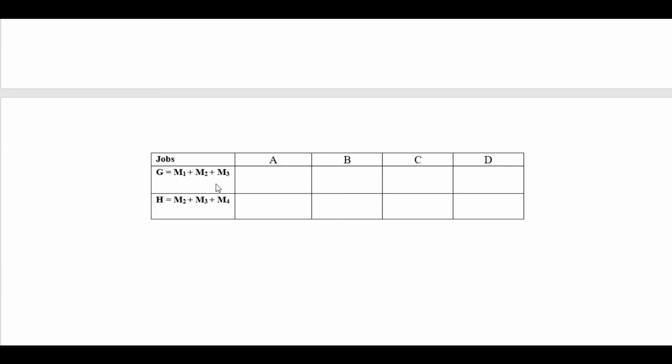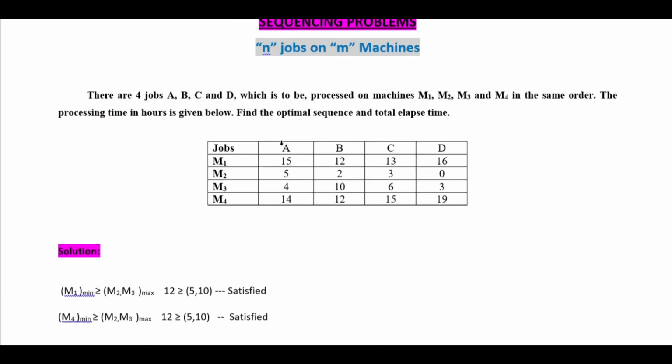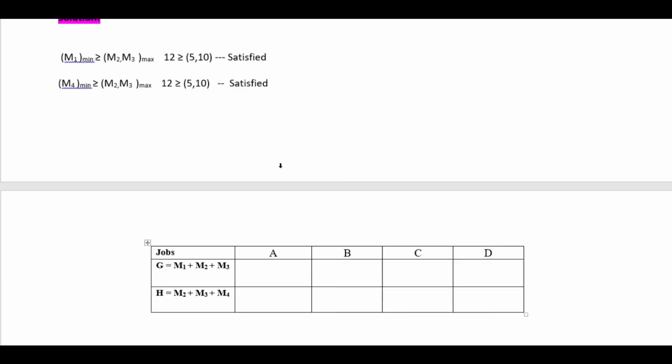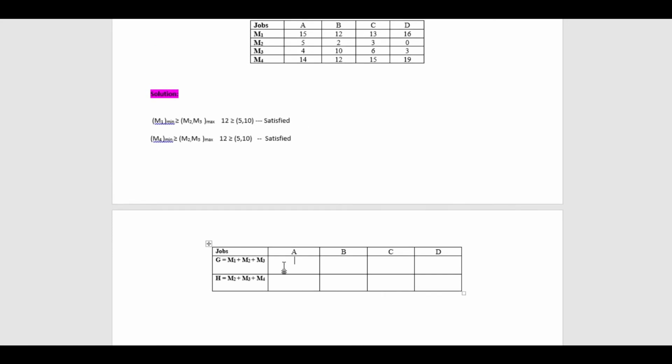For job A, the G value will be M1, M2 and M3: 15 plus 5 plus 4, which equals 24. This is how we calculate the hypothetical machine processing times G and H for each job.